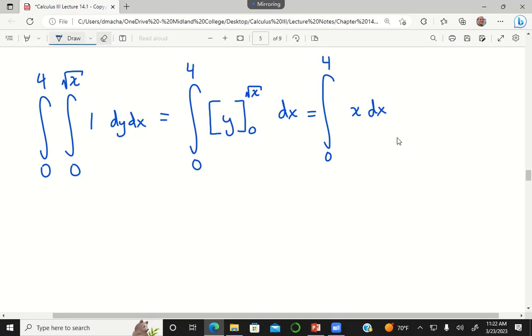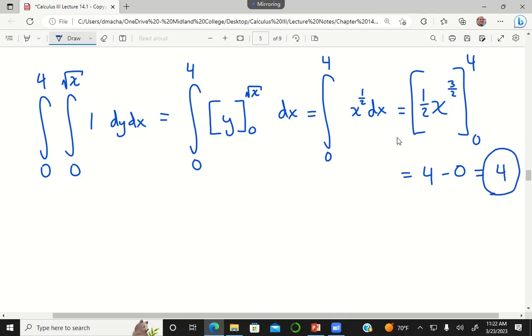And the square root of x is just the 1/2 power. So this is just power rule. And the x to the half is going to become x to the 3/2 times 1/2. We evaluate this at 4 and at 0. And so if this were 4, then the square root of 4 is 2, and then 2 cubed is 8, and then 1/2 of 8 is 4. And then if x is 0, then it's 0, so the answer is 4 for the area.